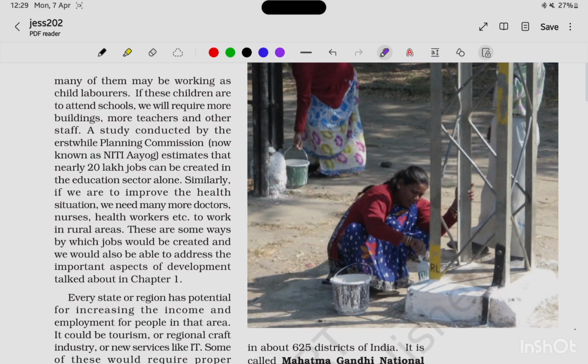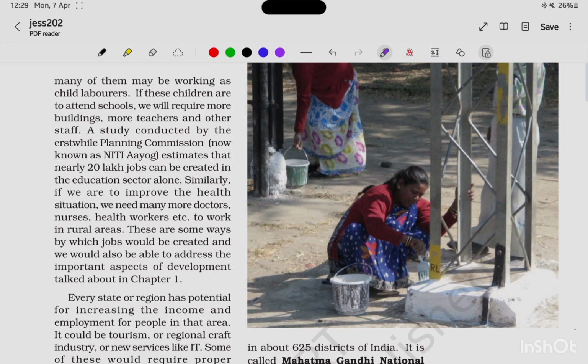If these children are to attend schools, we will require more buildings, more teachers, and other staff. A study conducted by the erstwhile Planning Commission, now known as Niti Aayog, estimates that nearly 20 lakh jobs can be created in the education sector alone.